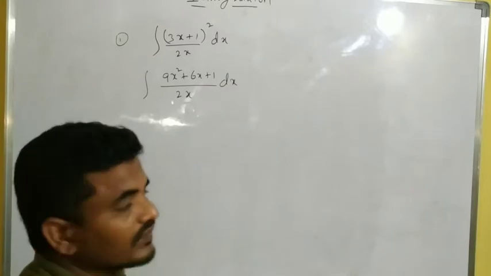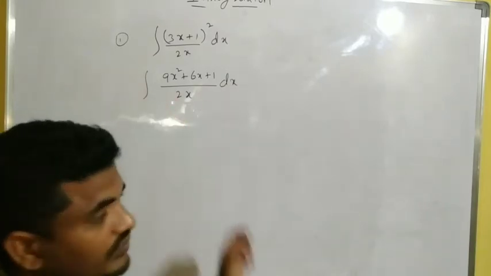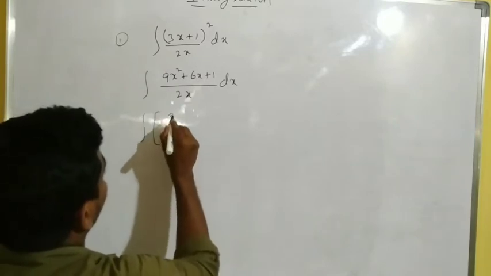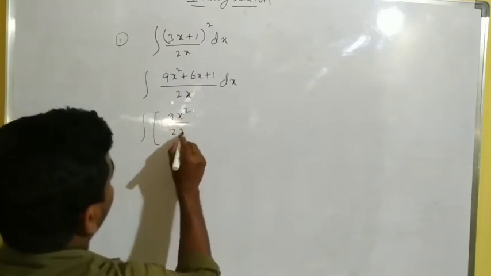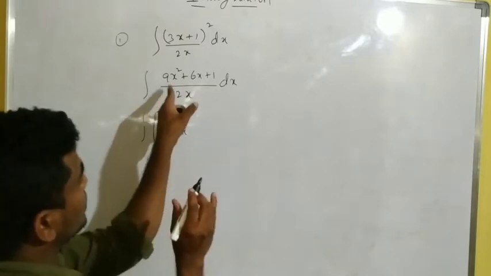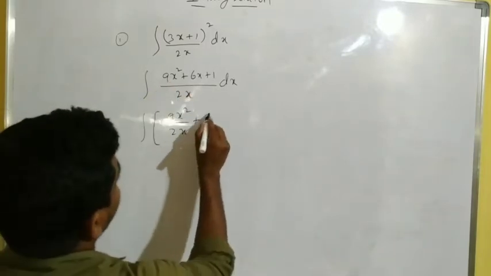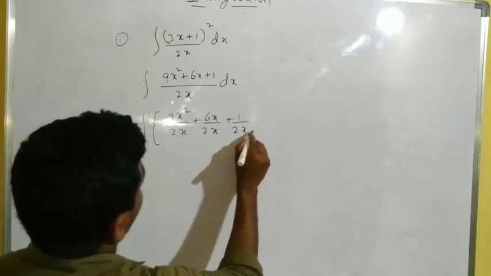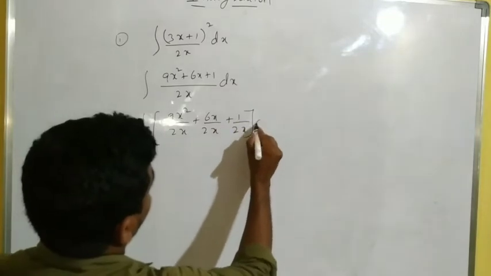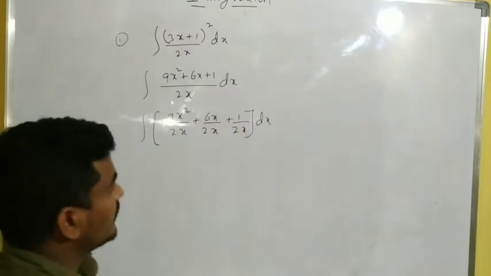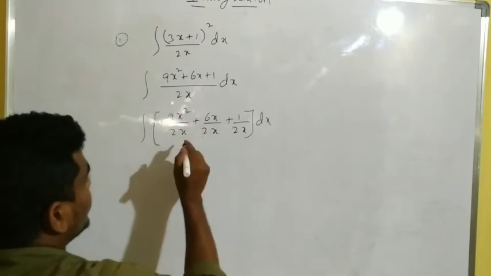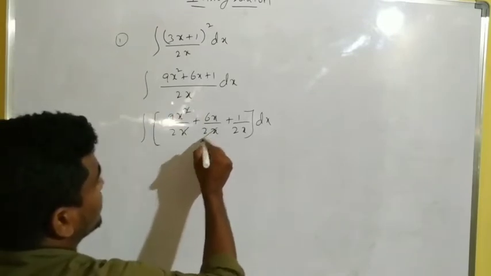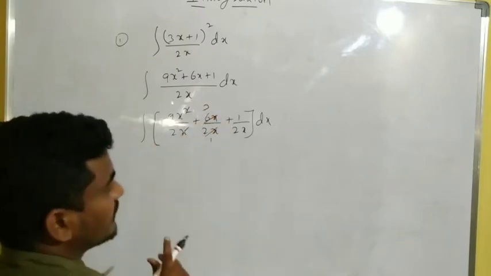And next I am taking individual terms: integration of 9x square by 2x, plus 6x by 2x, plus 1 by 2x. In the next term, x gets cancelled.